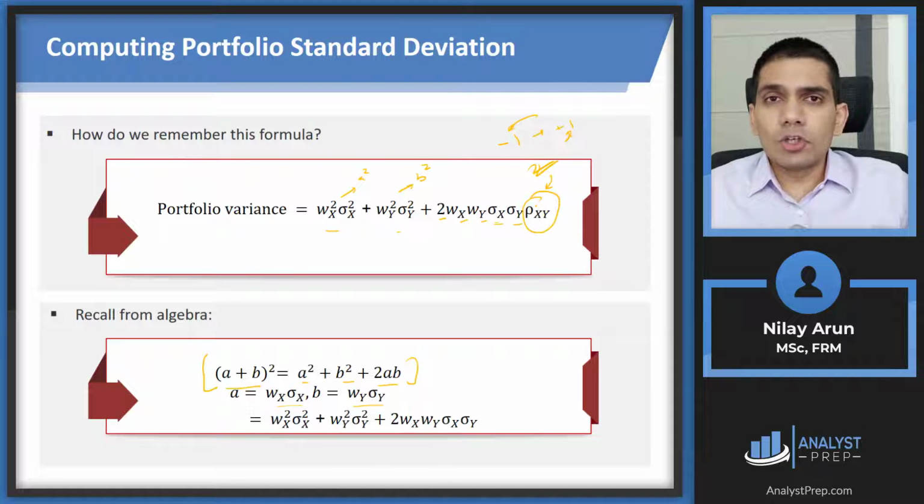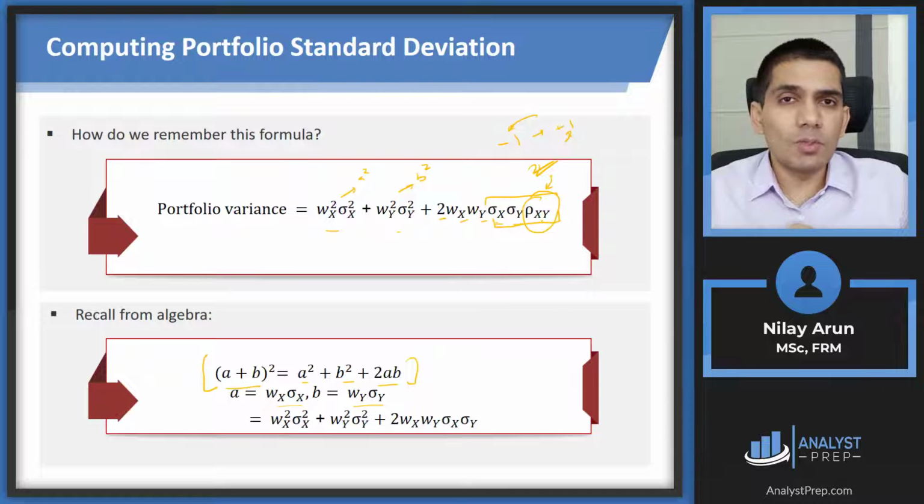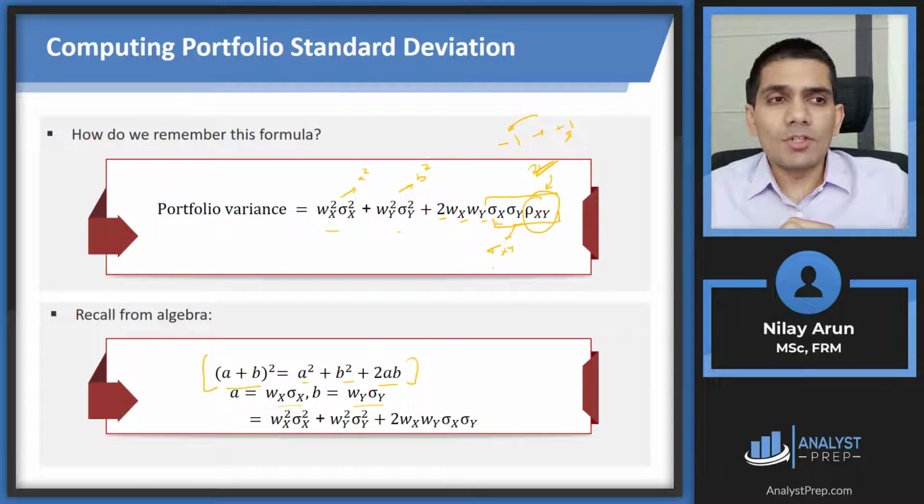The other thing which you should notice here is, what if we combine these three terms together? The last three terms that we have here. We have sigma x, sigma y, and correlation between x and y. Now you might recall this is nothing but sigma x, y, which is essentially the covariance between x and y.